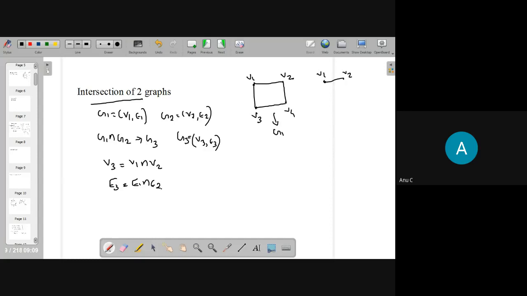V1, V2: this one is G2. Then G1 intersection G2 gives the third graph G3, V1 and V2. This is G3.